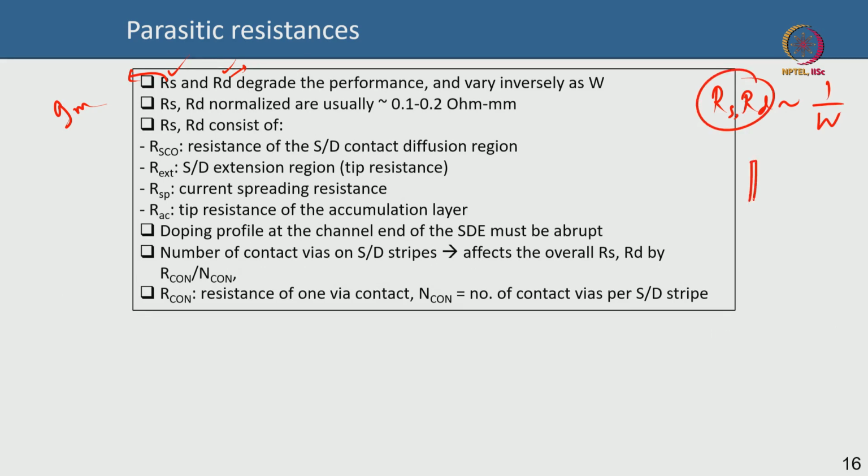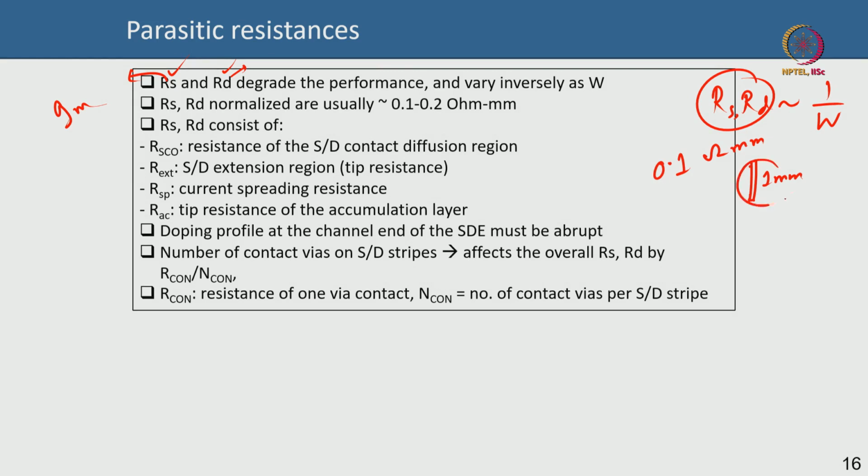Suppose the resistance of the source or drain is a combination of contact resistance, access resistance, and so many other things like extension resistance, tip resistance, etc. They are all expressed as ohm millimeter or ohm micrometer. Say this is around 0.1 ohm millimeter.